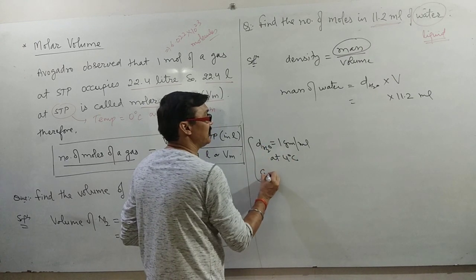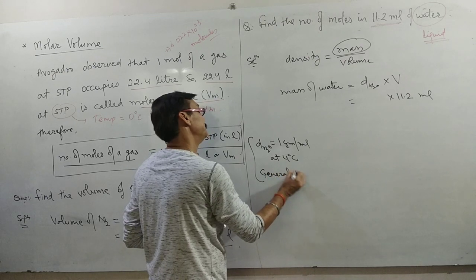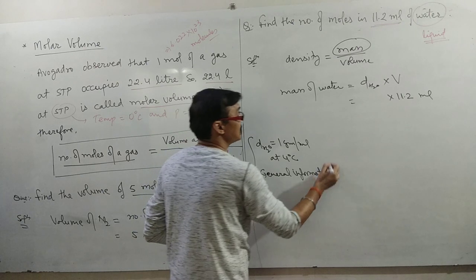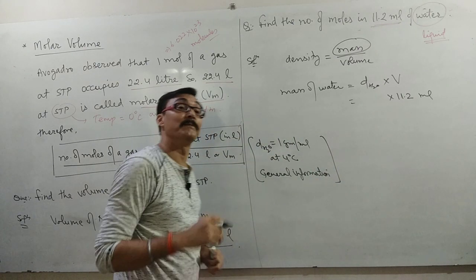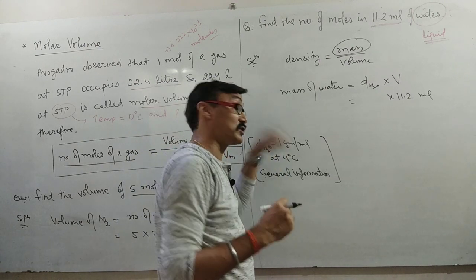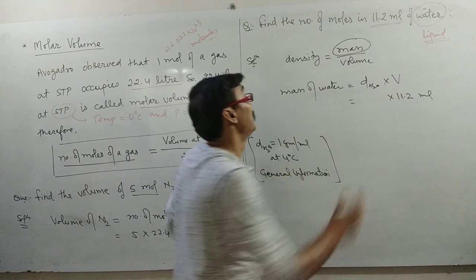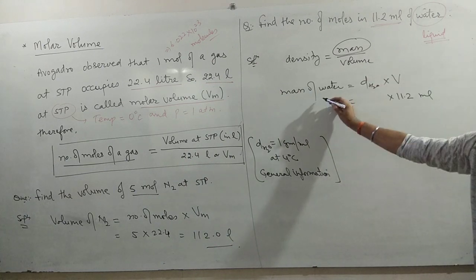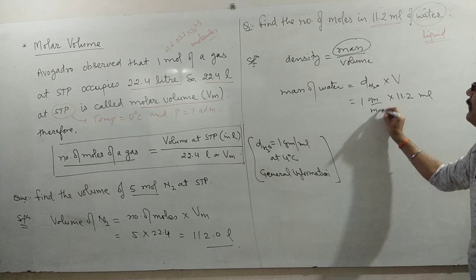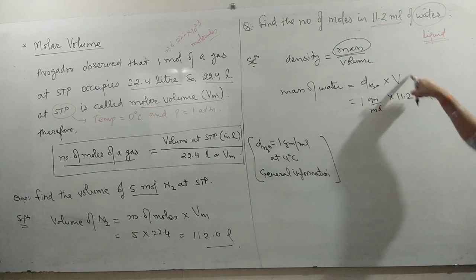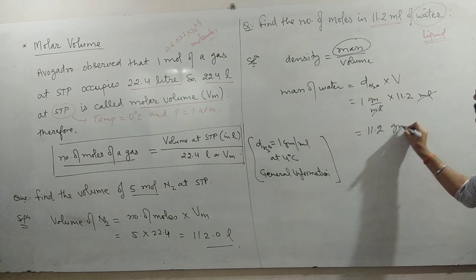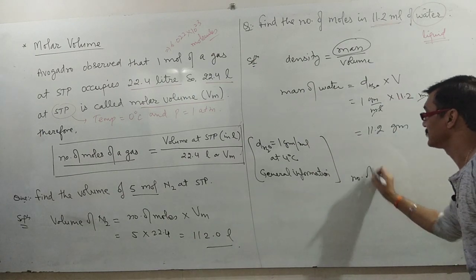It is general information. So sometimes questions are based on general information also. We will give another question based on general information. Now the mass of water is equal to density 1 gram per ml into the volume of water, that is 11.2 gram.